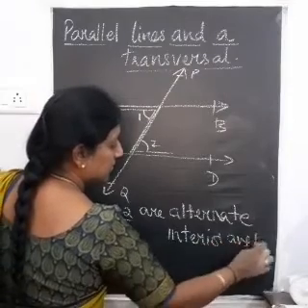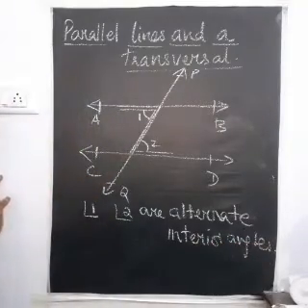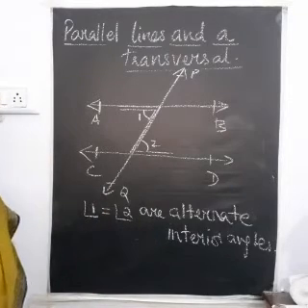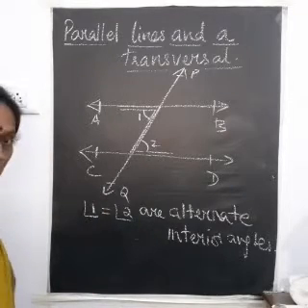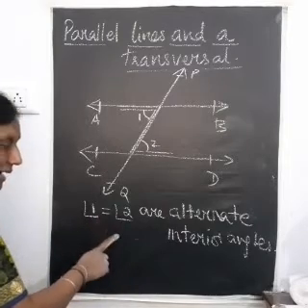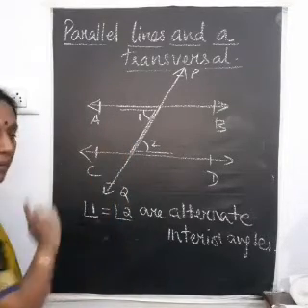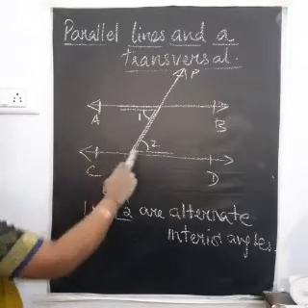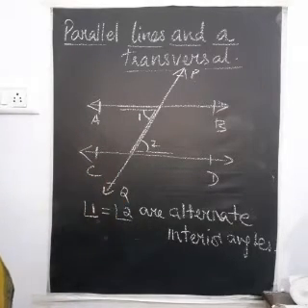Now when they are alternate interior angles, what happens? They will be equal. Alternate interior angles are equal. If the alternate interior angles are equal, then the two lines are parallel. Understand? And if the two lines are parallel, the alternate interior angles will be equal.